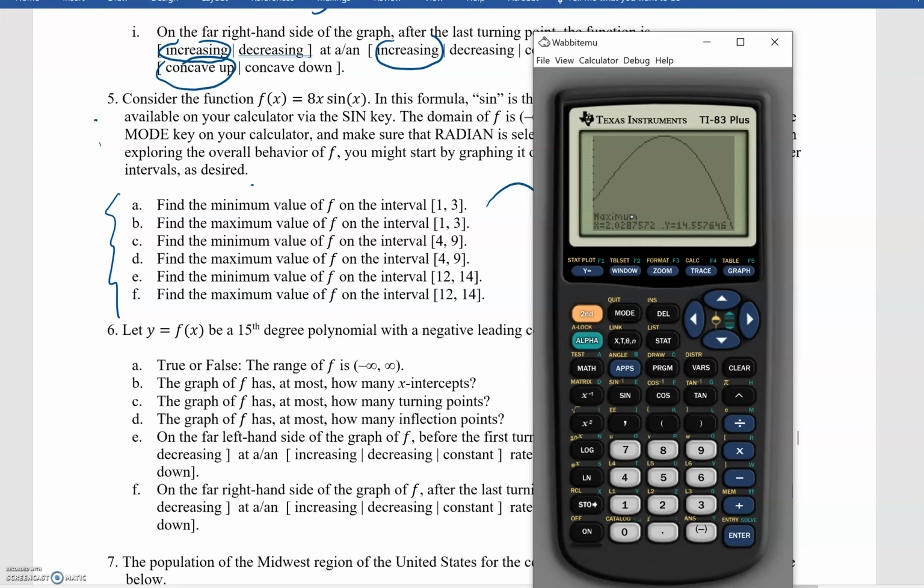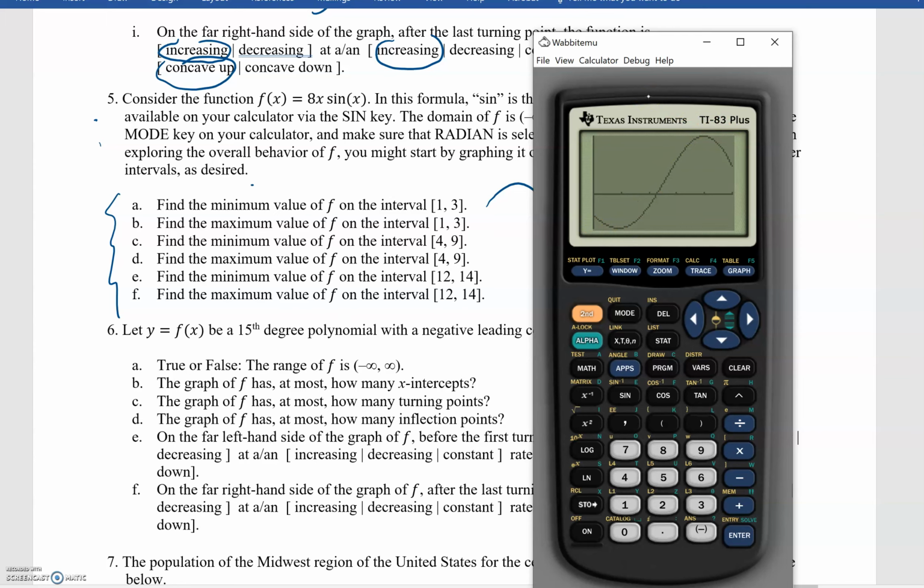Now if we go to 4 to 9, which is the next series of questions, and we do zoom fit with that, let's see what kind of portion we have there. From 4 to 9, we've got a little bit more happening. The minimum is a vertex and the maximum is a vertex.